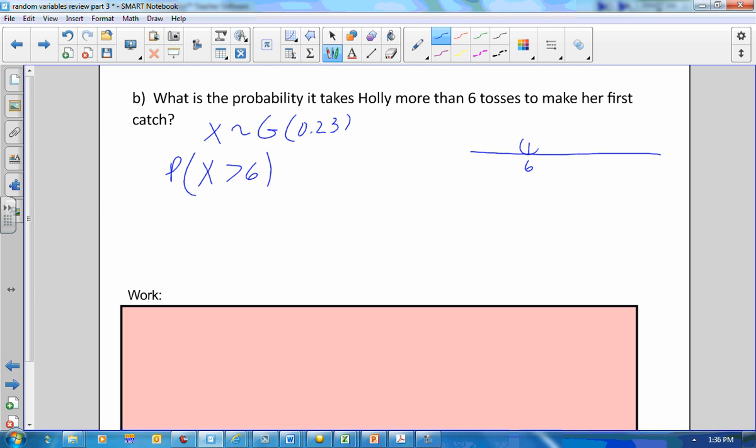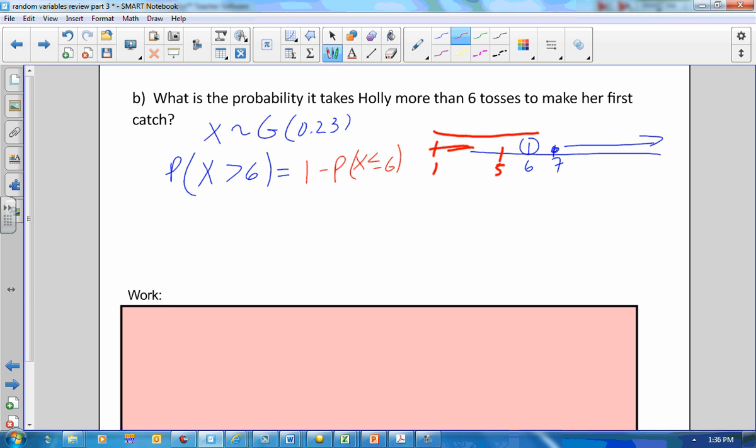More than 6 would be 7, 8, 9, and remember that can keep going. Since I can't count from 7 up to a theoretically unbounded value, another way of looking at this is the probability x is greater than 6. The only values I haven't taken into consideration are down to 1, so it's these values here. That's the same as 1 minus the probability that x is less than or equal to 6.